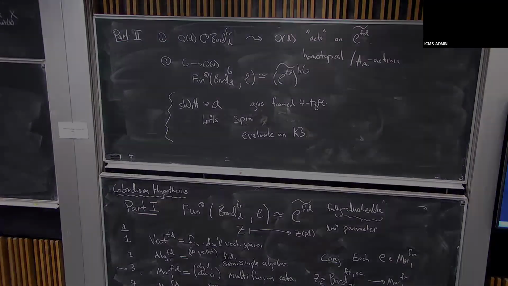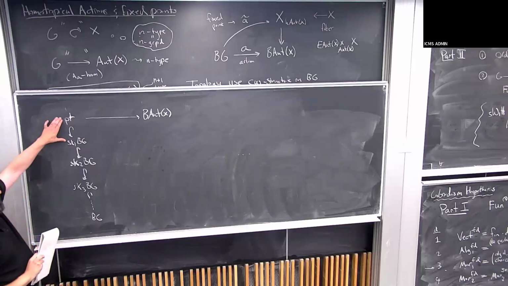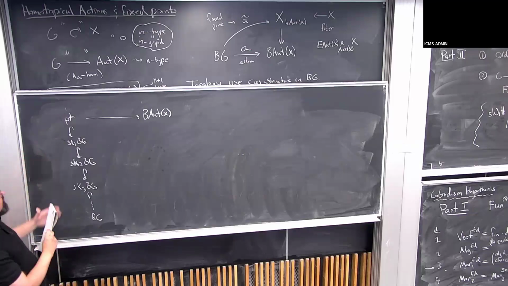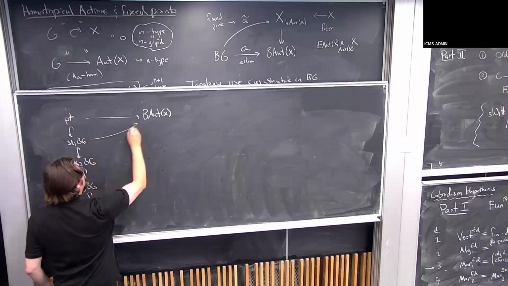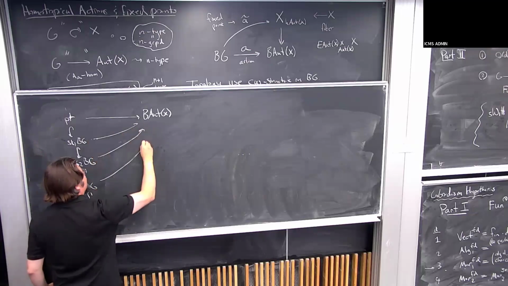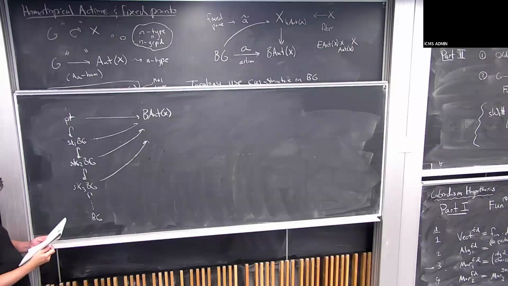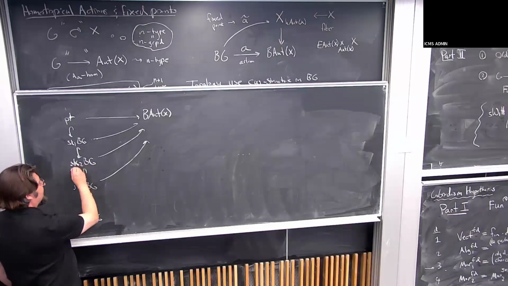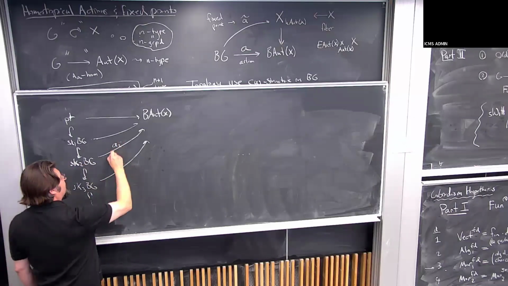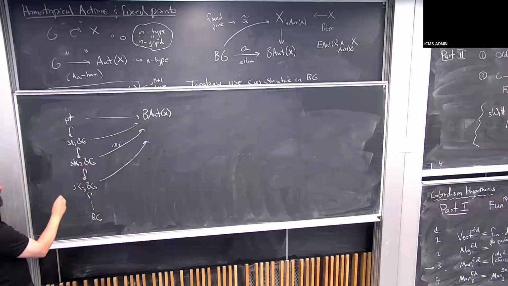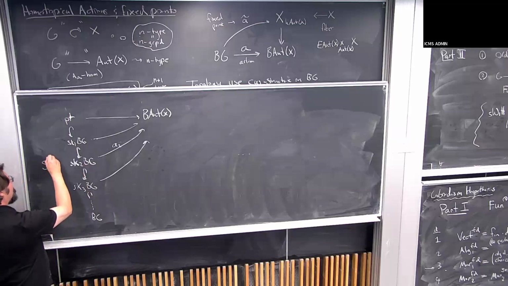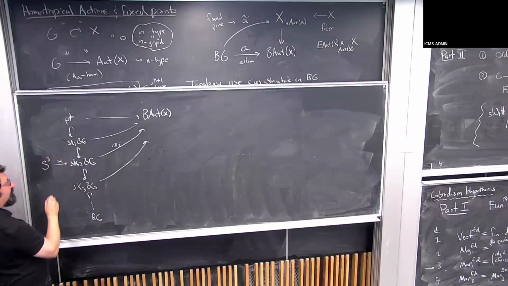So the idea is to describe the action by describing a sequence of these extensions through the skeleton. So if I've described the action already on the 2 skeleton, to get to the 3 skeleton, I have to attach some 3 cells. So what does that look like? It looks like I have some attaching map alpha going in here, and then I want to trivialize it.